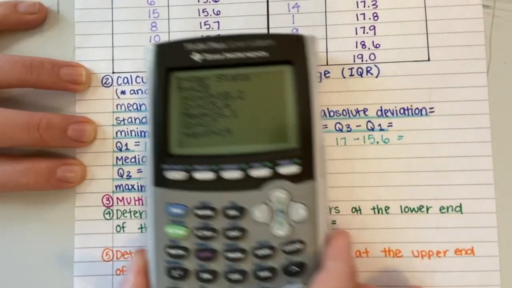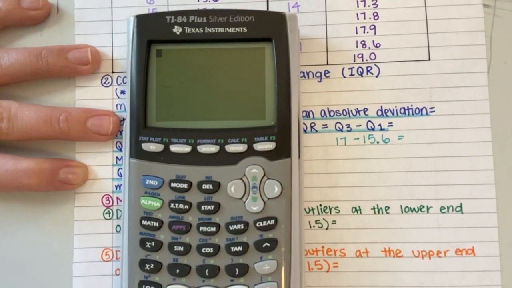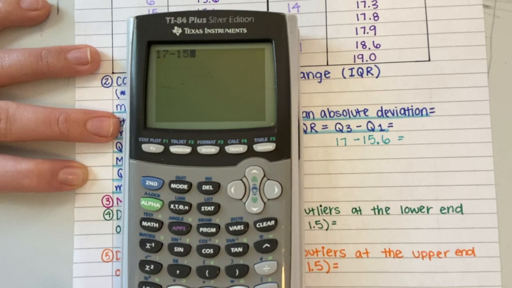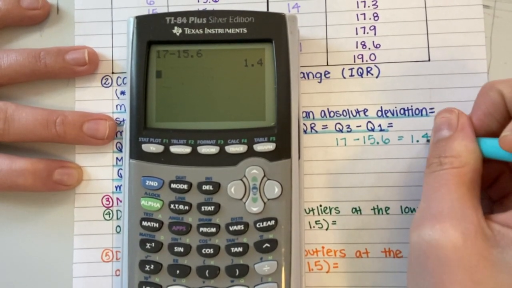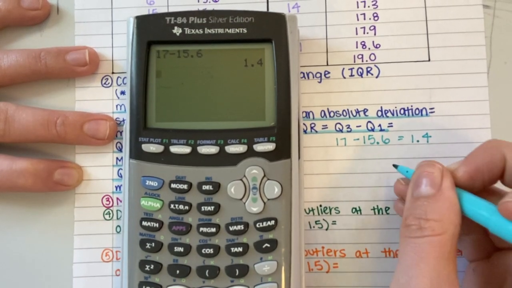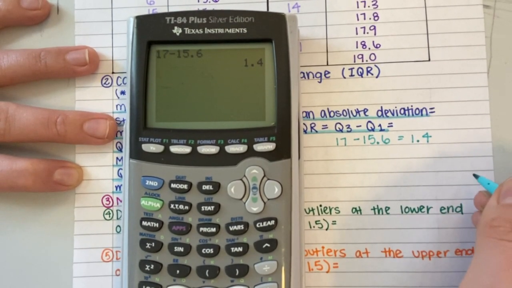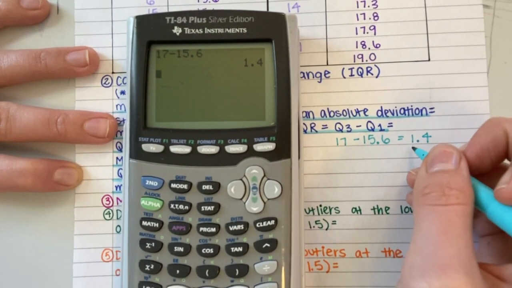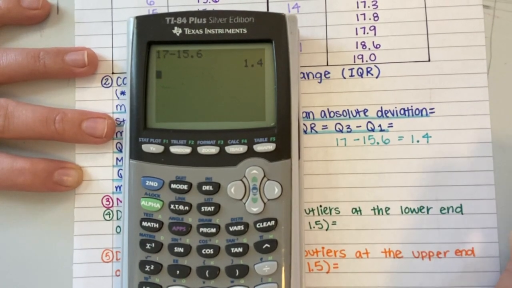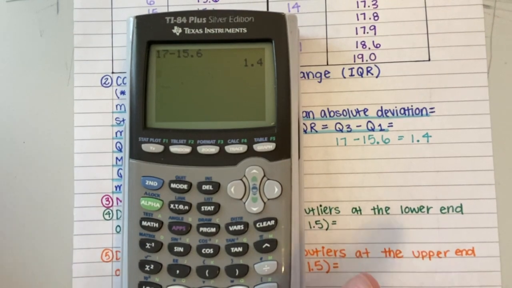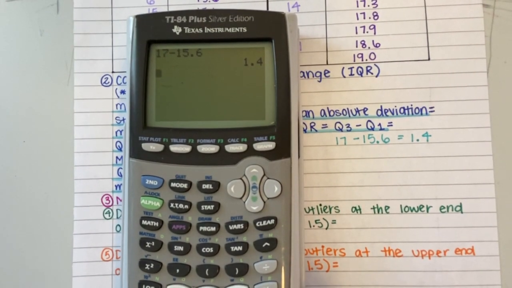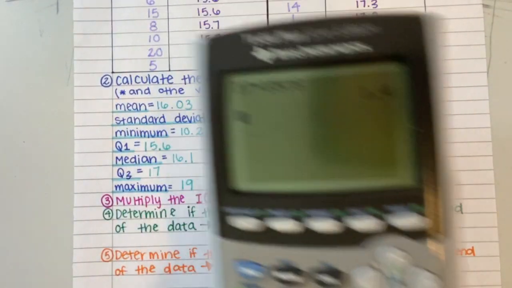I can put that on the calculator if I want to. 17 minus 15.6, 1.4. So my middle 50% of my data only varies by 1.4 centimeters. So it's a pretty small interquartile range. So we've got a lot of values close together in the middle.